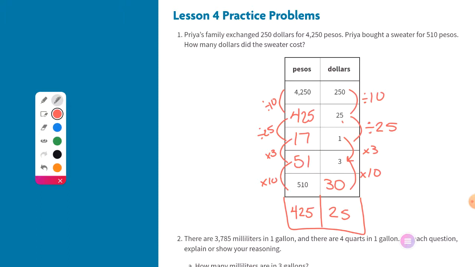Okay. So it gave me an exchange rate. If you travel to foreign countries, there's always an exchange rate if they use a different currency other than the US dollar. It's important to be aware of those currencies. So like here it's saying 250 US dollars is the same as 4,250 pesos.